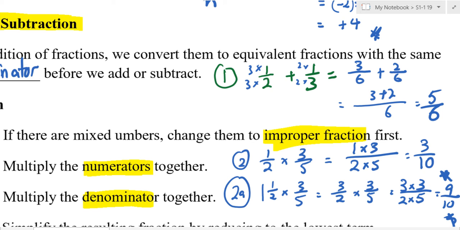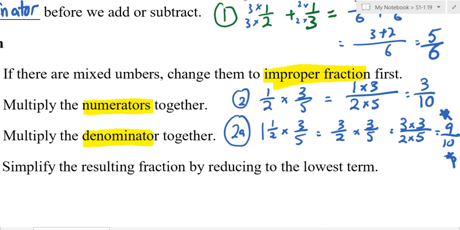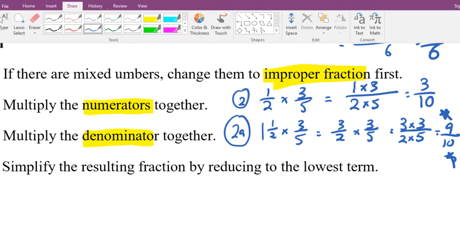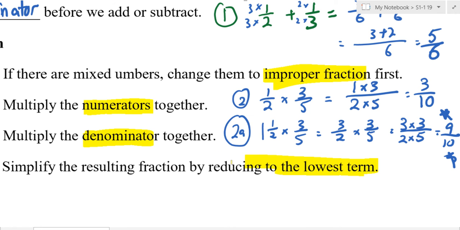All done? Can I move down the screen? Can you highlight as well? Remember, always you must reduce to the lowest step. This is a common misunderstanding.